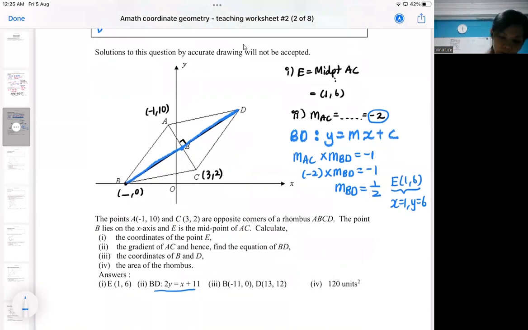So actually, once you get the equation, let's say I assume you can get the equation, to get B is quite easy. To get B, you just have to substitute y equal to 0 into the equation.